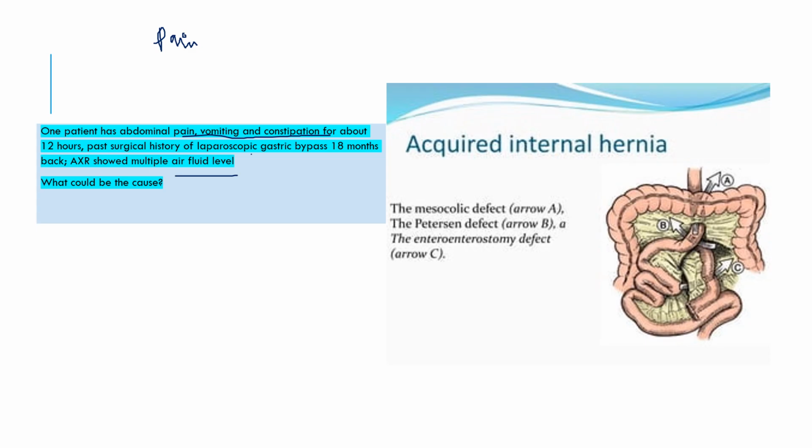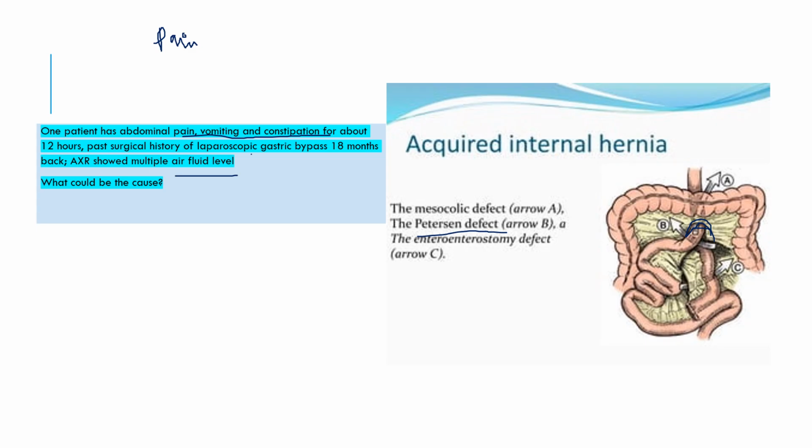What is internal hernia? In a case where the patient has undergone some surgery previously, there can be some defects, especially in here. That is called Peterson defect. There are other defects also, mesocolic defect, Peterson defect, or enterostomy defect.